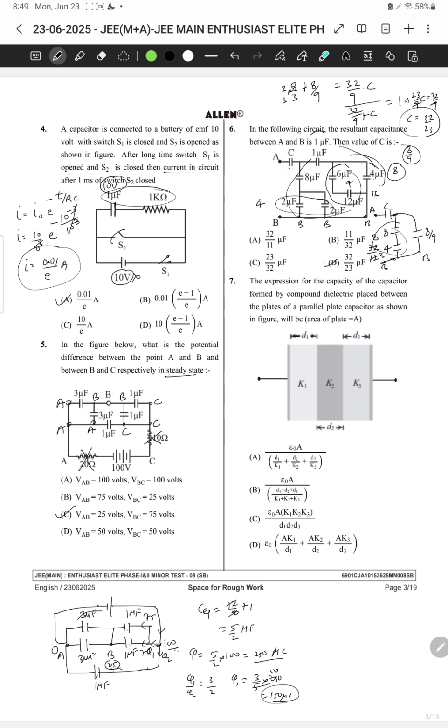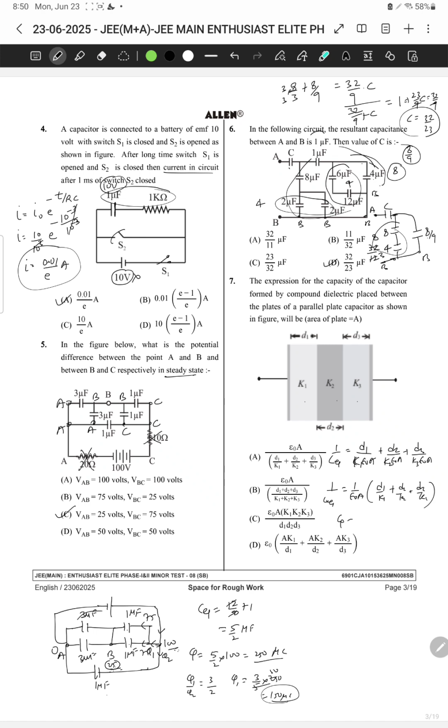7th question. The expression for the capacitance formed by a compound dielectric placed between the plates. This is straightforward here. These 3 capacitors are in series. So 1 by C equivalent is equal to d1 by k1 epsilon naught A plus d2 by k2 epsilon naught A plus d3 by k3 epsilon naught A. So 1 by C equivalent is equal to 1 by epsilon naught A times d1 by k1 plus d2 by k2 plus d3 by k3.